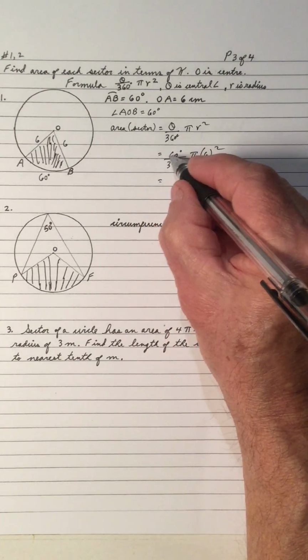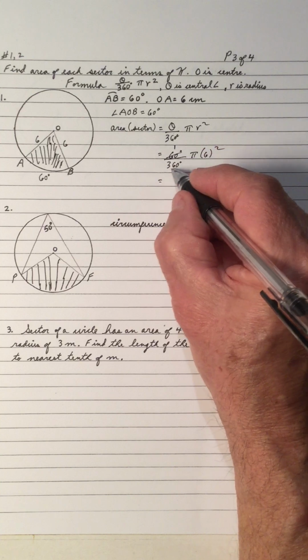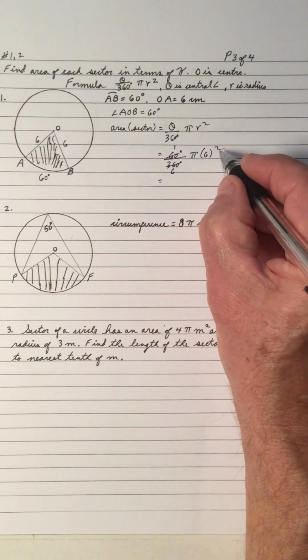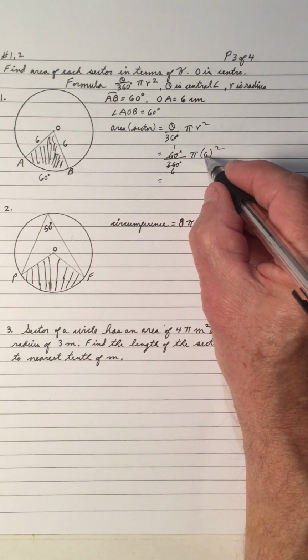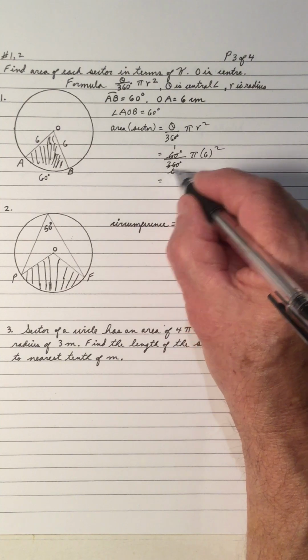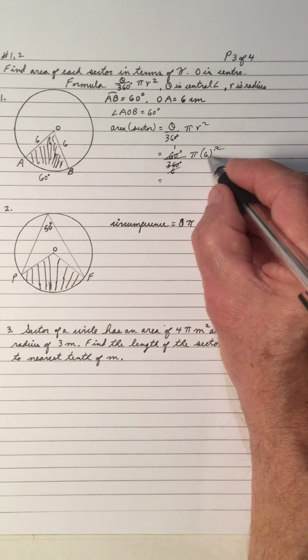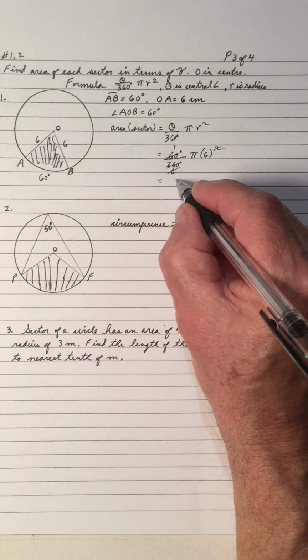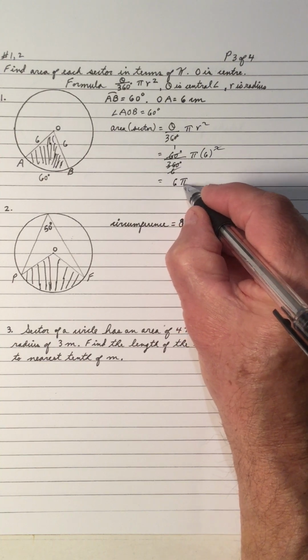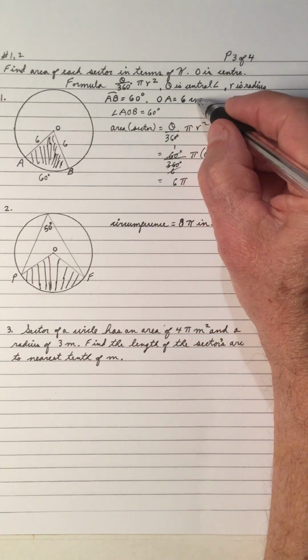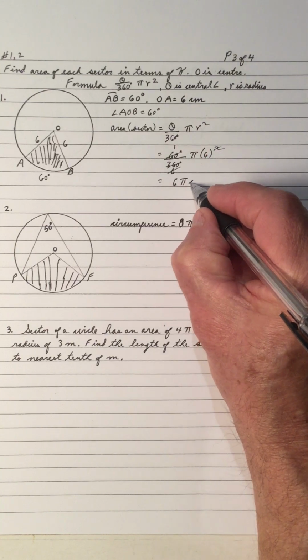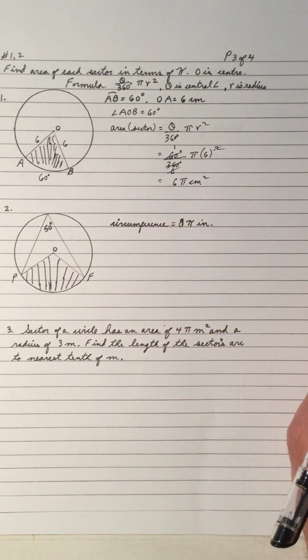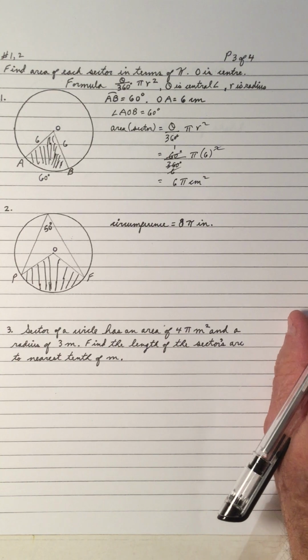And we reduce that down. 60 into 60 goes once, 60 into 360 goes 6. And we got 6 squared here, so I scratch that 6 and take off the square. I have 6 left, so the area is 6 pi. And since the radius is in centimeters, the area is square centimeters. So 6 pi square centimeters.